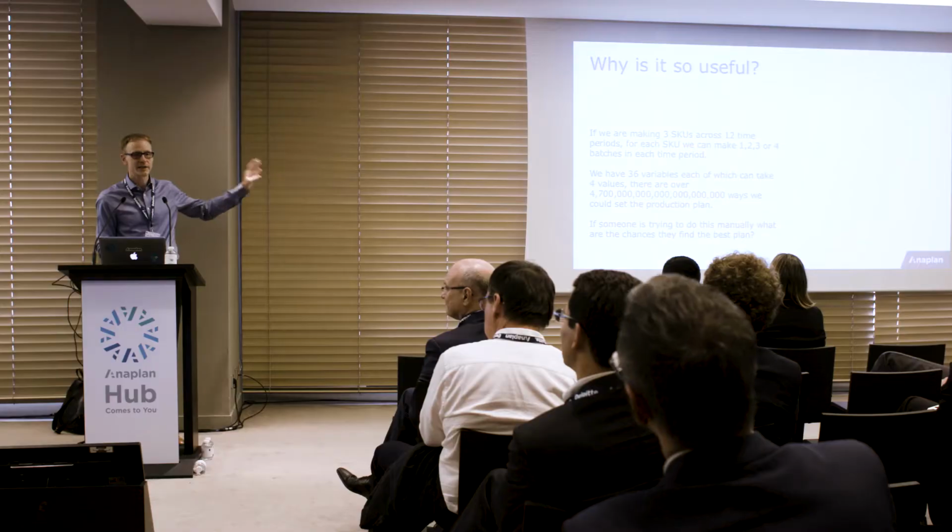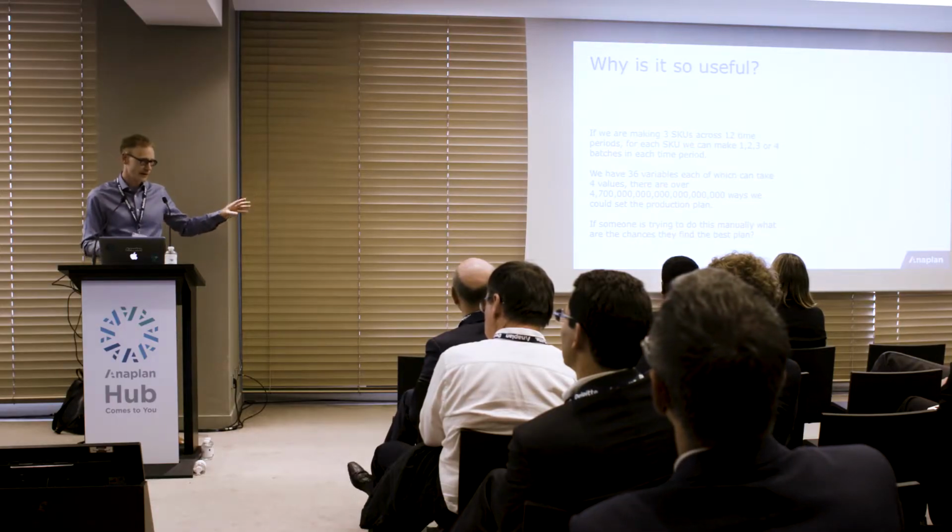Imagine that you can configure your machines so that for each SKU, you can only make 1, 2, 3, or 4 batches. There are 36 variables in play, but there are 4.7 times 10 to the power 21 feasible production plans, even in that really trivial scenario.